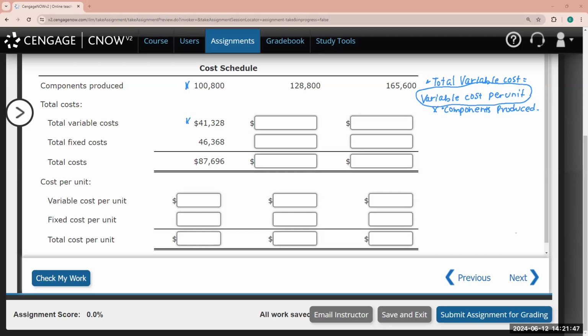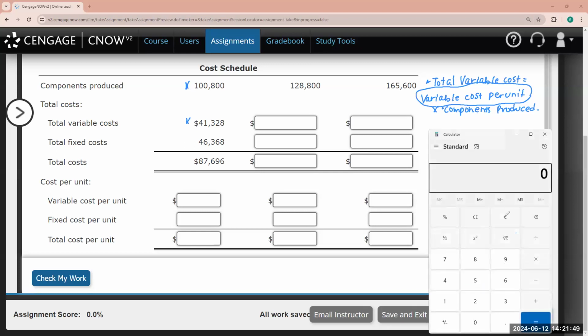We pull out our calculator. We see that our total variable cost was $41,328. Then we divide our total variable cost by the components produced, which in this case is 100,800. So here we see that our variable cost per unit for each unit produced is 41 cents.